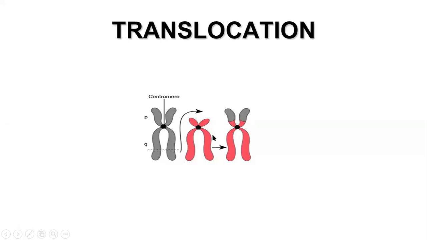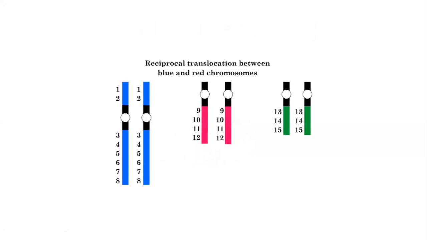So a new chromosome with a new genetic combination is produced. This is called translocation. See the picture carefully.